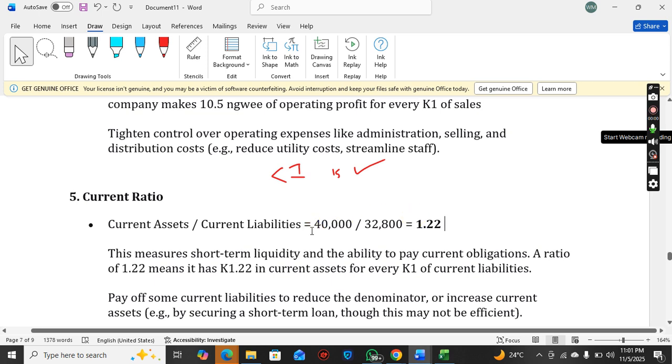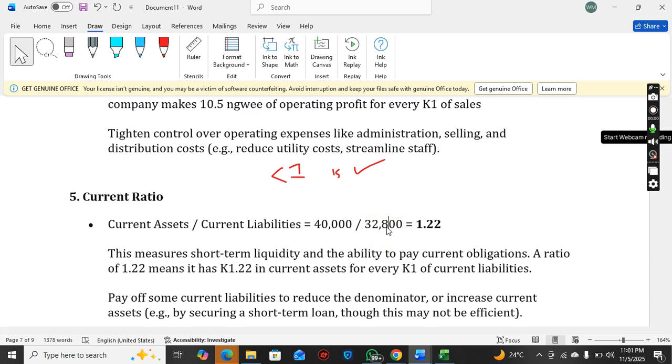So you just say 40,000 divided by 32,800. You get approximately 1.22.